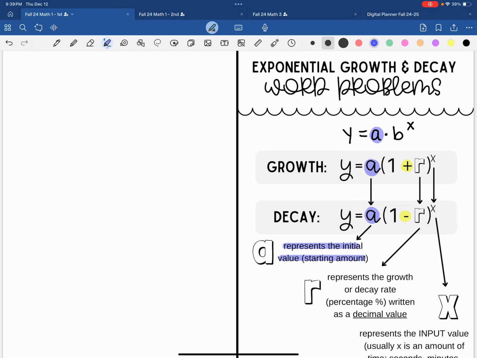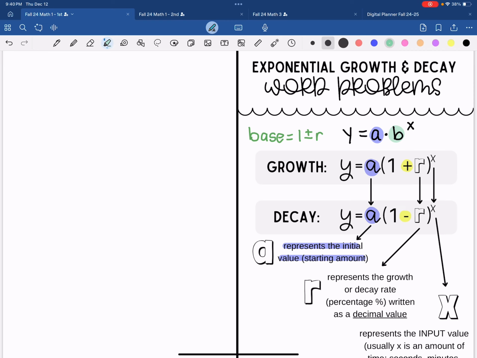What is going to change, and not really a change, but something we're going to give more detail to, is your base. My base is my multiplier, and we're now going to break it down. My base is now going to be 1 plus or minus r. Plus for the growth, minus for the decay.